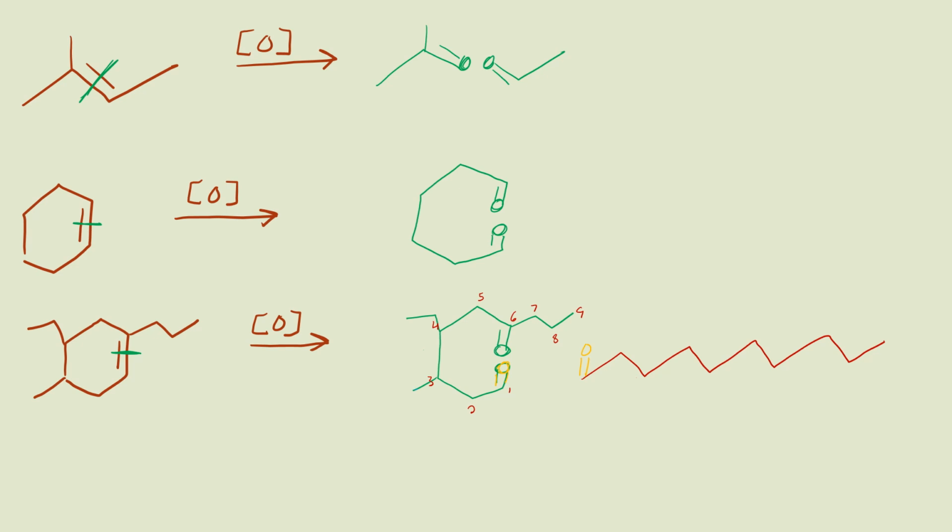This group over here will be added on the third carbon. This one over here will be added on the fourth. And then the last double bonded oxygen will be added over here on the sixth carbon.